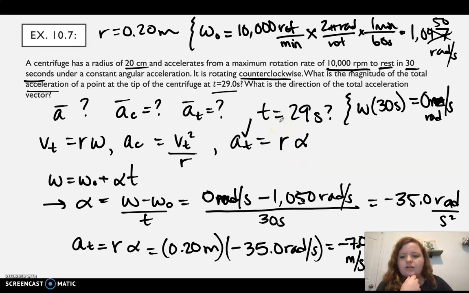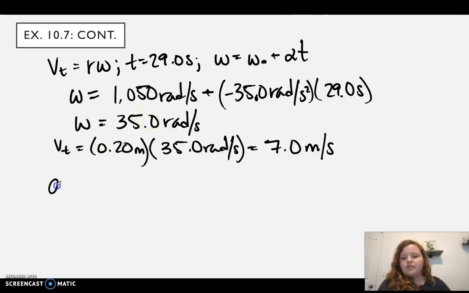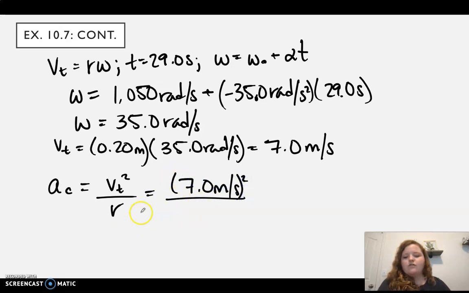All right. So now let me go back, and now we can find our centripetal acceleration here, since we found that. Okay, so our centripetal acceleration, a sub c, is equal to v t squared over r. So we'll have 7 meters per second, squared, over our radius, which is 0.2 meters.